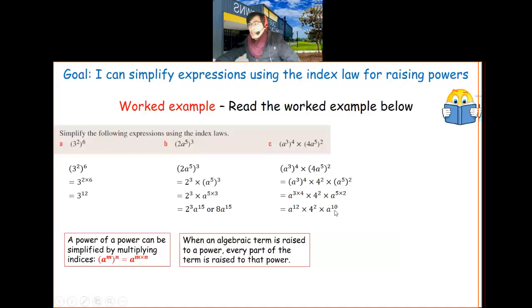Okay, and I can see that the a's here have the same base, and we learned last week that if we have the same base multiplied together, then we can just add the powers, right? So here we would have a to the power of 12 plus 10. Okay, and that's going to give us a to the power of 22.